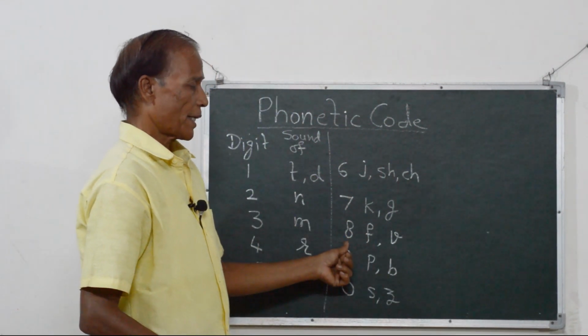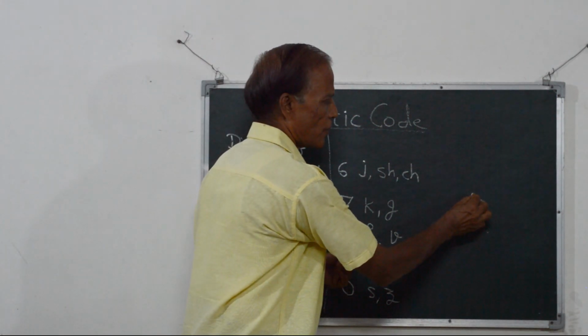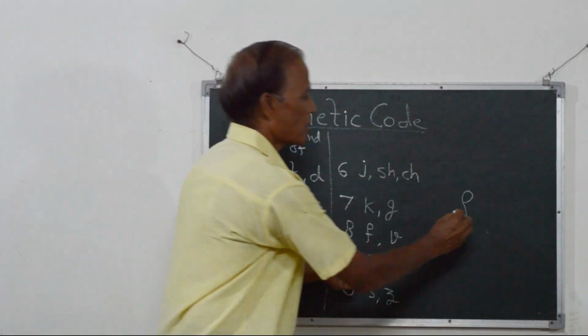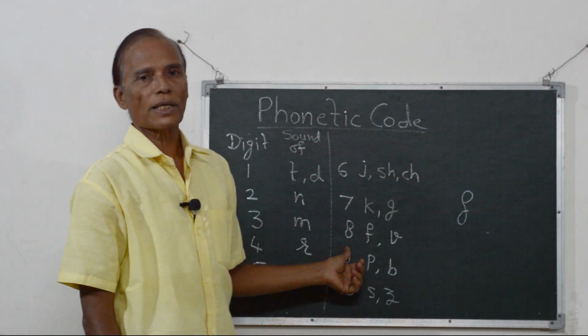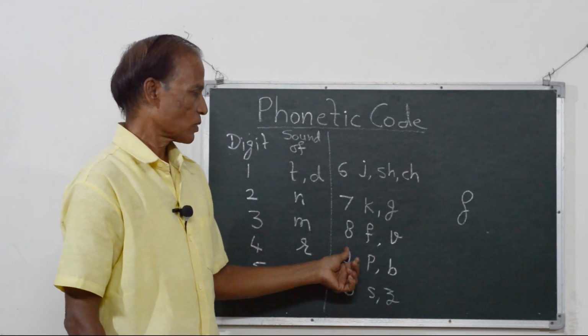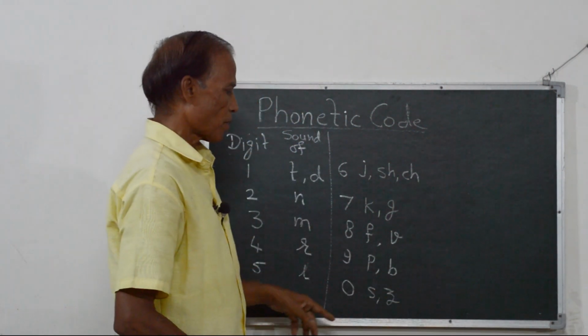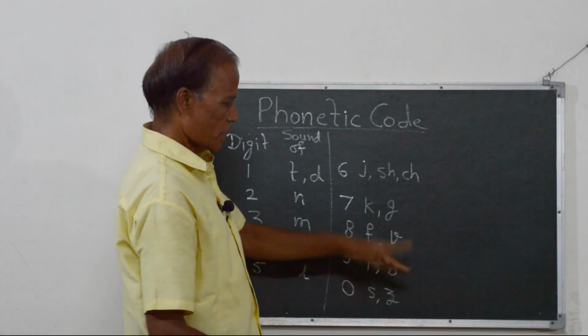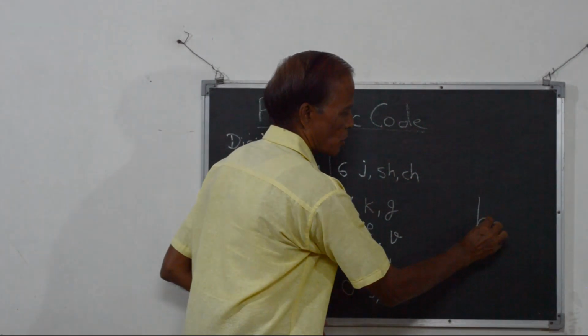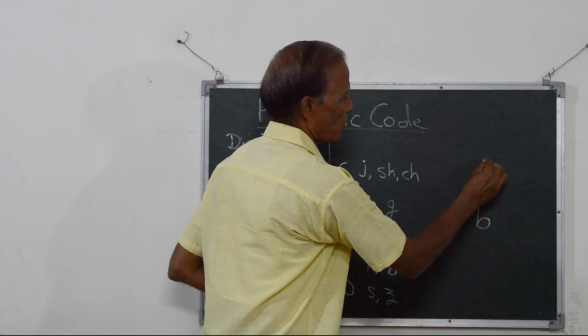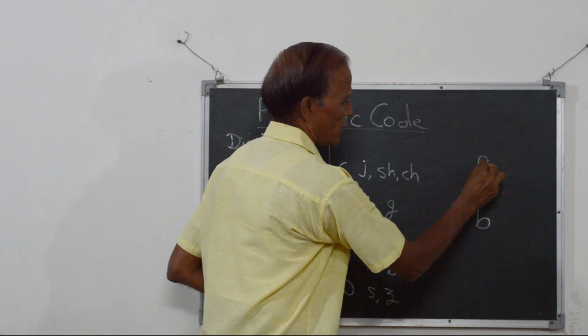Now this 8. If you write F in a cursive form, that looks like 8. Okay. And then about 9, P or B. If you reverse this B, say this is B, take the mirror image, say this is the mirror, then its image will be like this.